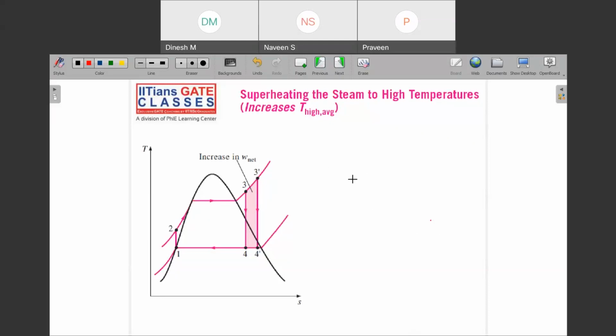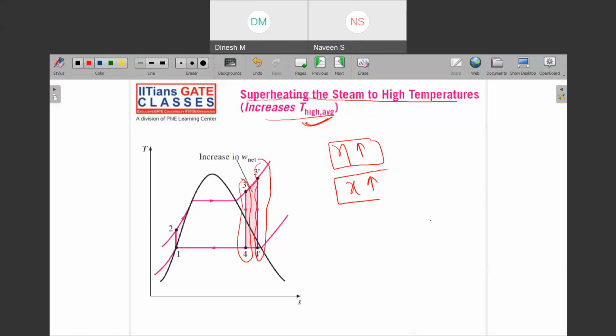Okay, then when you are superheating the steam, you are increasing what? T higher average. So when your T higher average is increased, then your efficiency will get increased. And moreover, if you are at this point and then you have increased till this point, can you see the difference, that your X value has also increased?